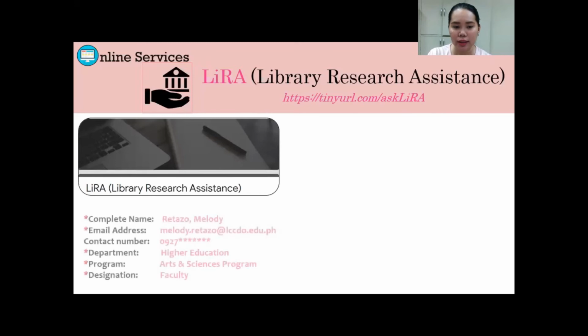To access Lira, please take note of the link tinyurl.com/asklira. If you will request research assistance, the library requires the following personal details. This includes your complete name, email address, your contact number is optional, department, program, and designation.